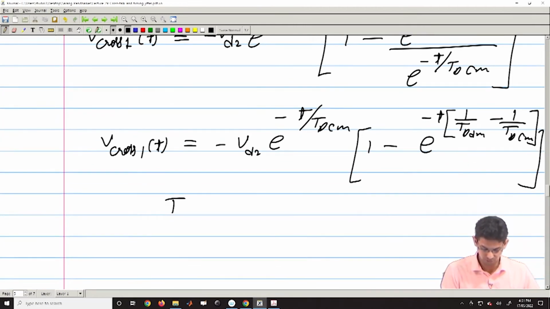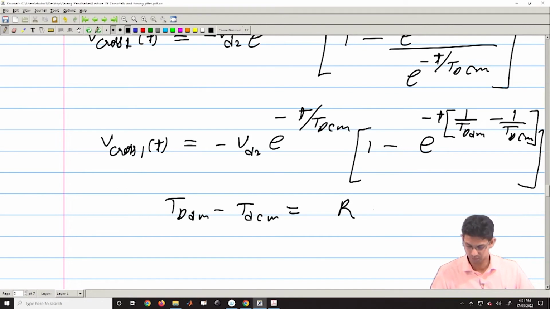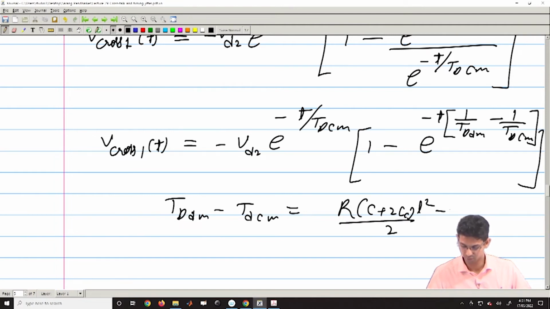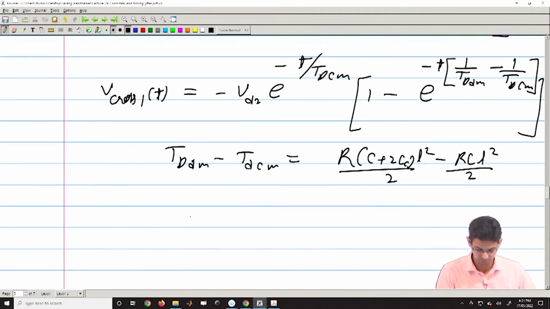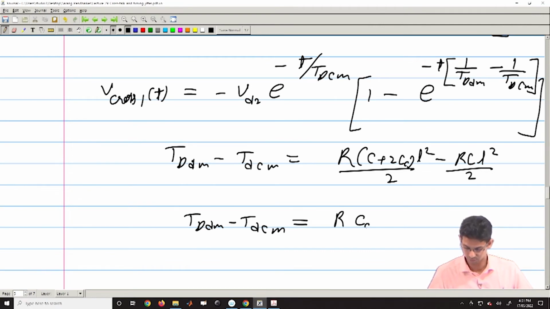So, your t d d m minus t d c m would be r into c plus 2 c c L square divided by 2 minus r c L square by 2. So, this t d d m minus t d c m will be equal to r into c c L square, right. So, this is a positive term.